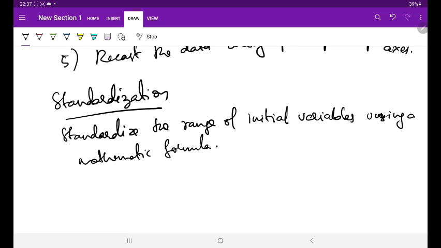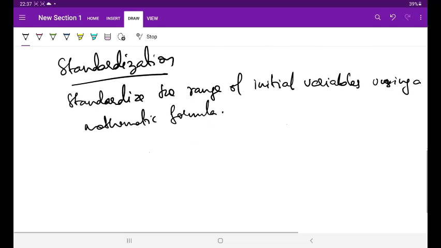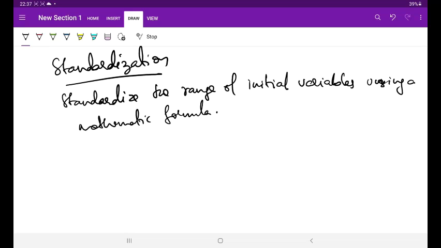So why are we doing this? It is critical to perform standardization because PCA is quite sensitive regarding the variances of the initial variables. If there is a large difference between initial variables, the larger ranges will dominate over the small ranges.